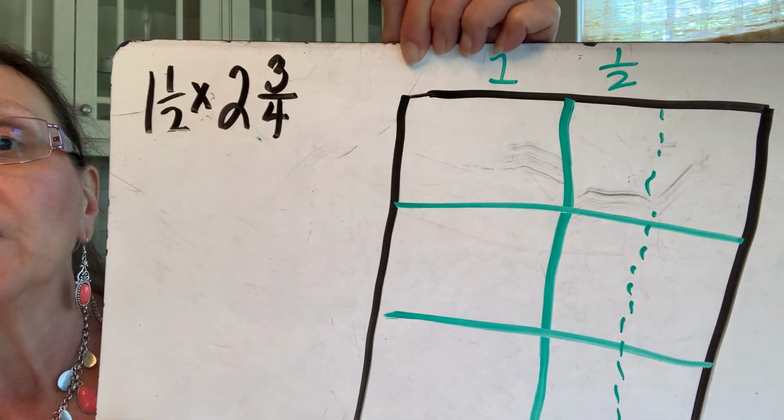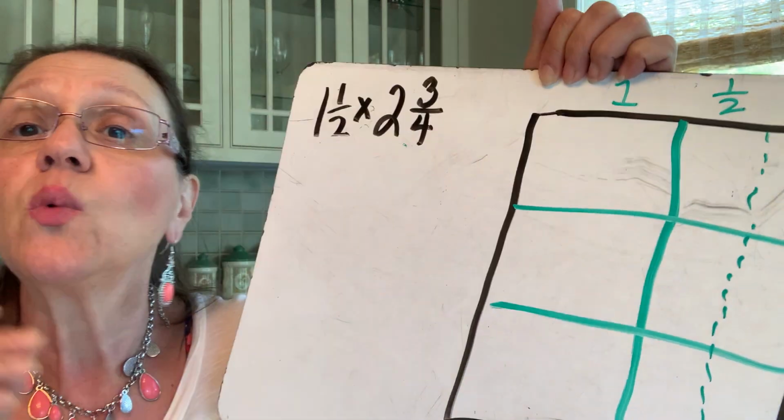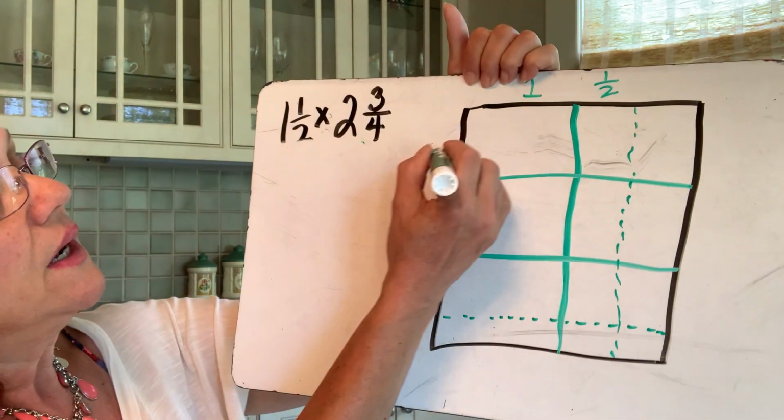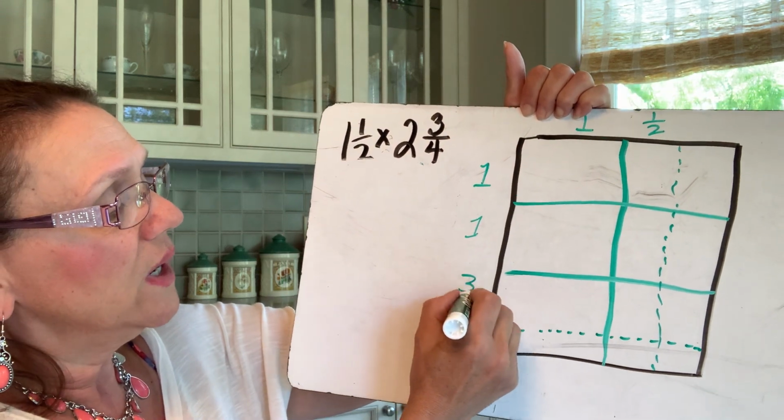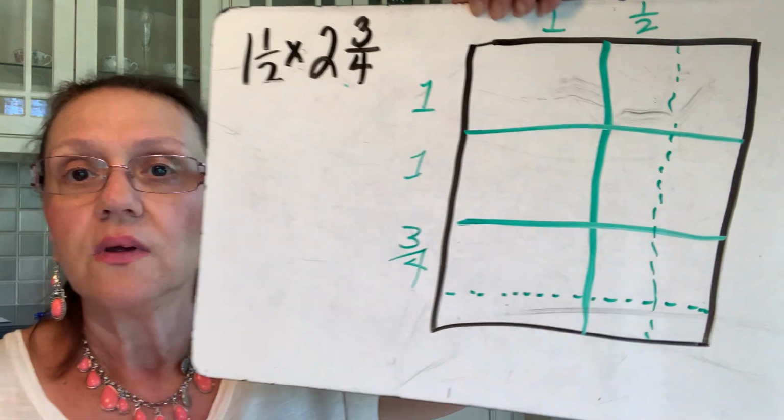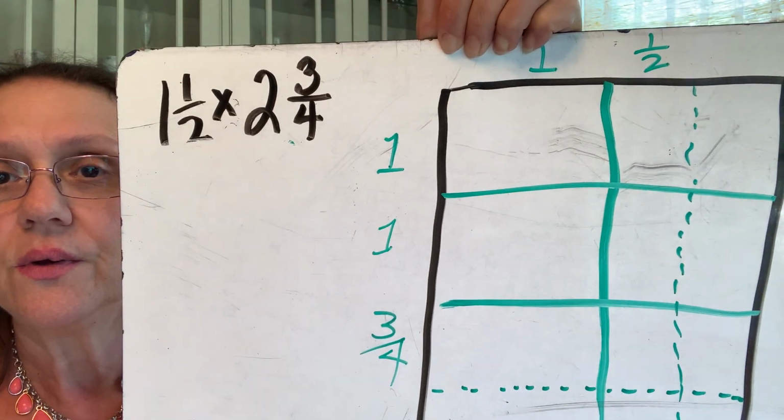Next, I'm going to draw in with a dotted line 2 3/4. So 1, 2, and you can draw it from the top or the bottom, it doesn't matter. I'll draw it from the top this time. 1, 2 3/4, that's almost. And if I label it, I have 1, 2, 3/4. So far, so good.